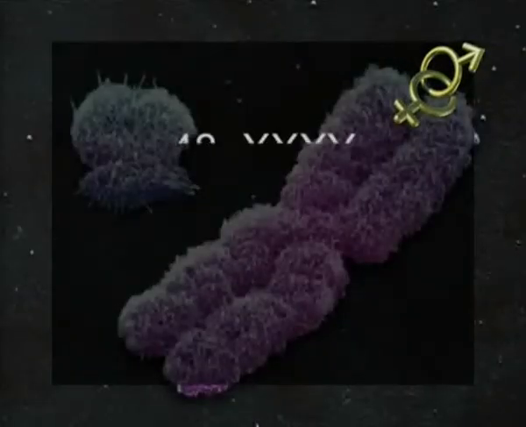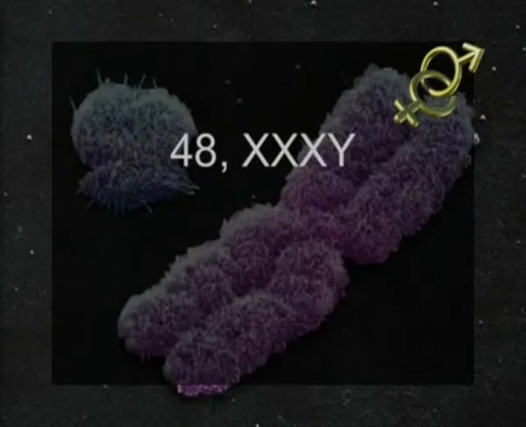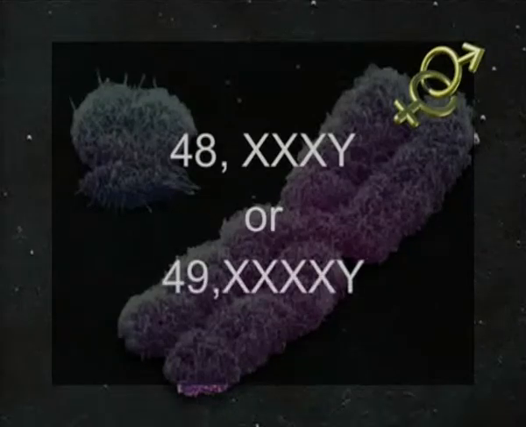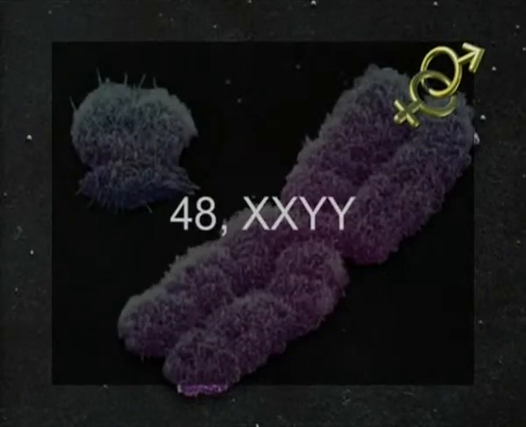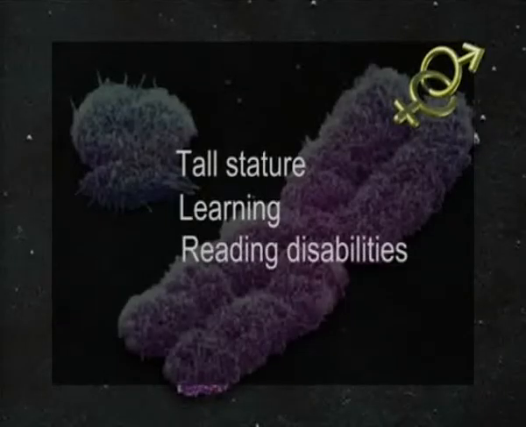It is less common for males to have 2 or 3 extra X chromosomes, for example 48 XXXY or 49 XXXXY, or extra copies of both the X and Y chromosomes, for example 48 XXYY in each cell.